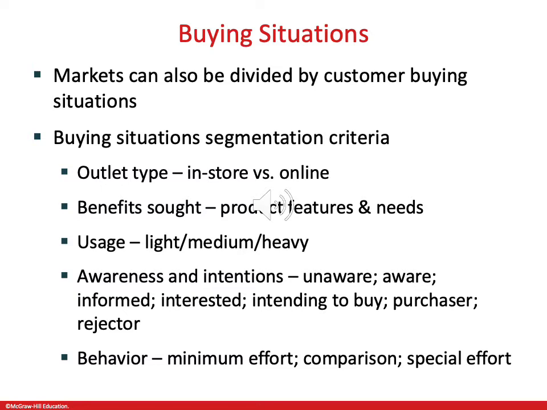Certainly, Amazon has segmented the population into people who are looking to buy online. Could be benefits sought. So understanding what different product features are and what different consumer needs are, that's certainly a way to segment a population. You think about the beverage business, which obviously comes to my mind. Coca-Cola can segment the population amongst those who are seeking caffeine versus those who are not seeking caffeine, right? So that's one way to go about segmenting a population.